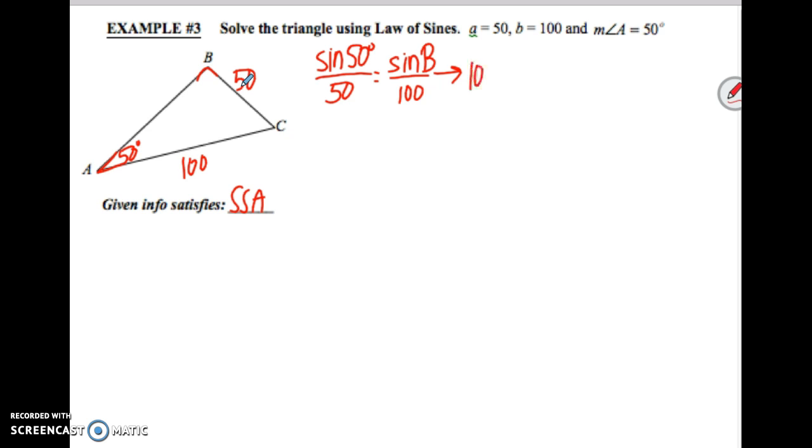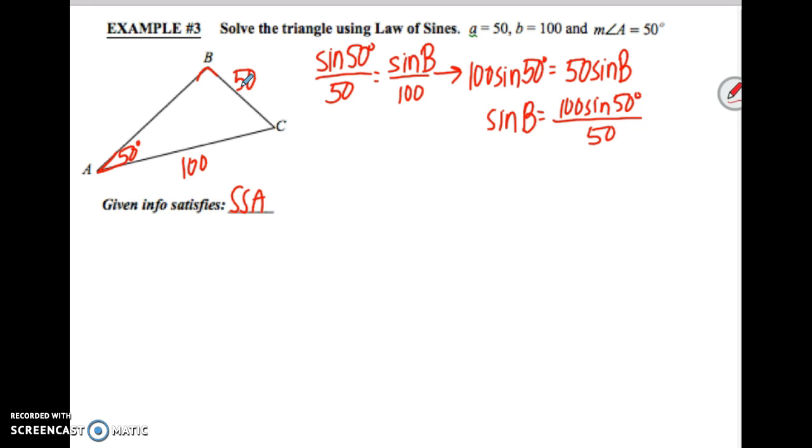This becomes 100 sine of 50 degrees equals 50 sine of B. Just dividing by 50 tells us that sine of B equals 100 sine of 50 degrees divided by 50. When taking this into our calculator, we get sine of B equals 1.53.